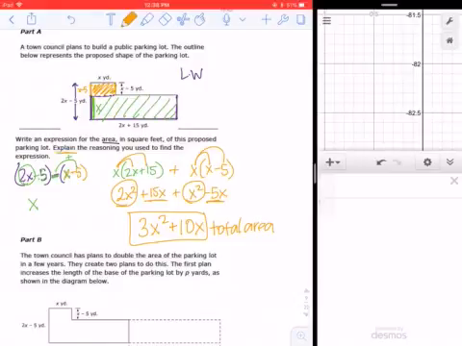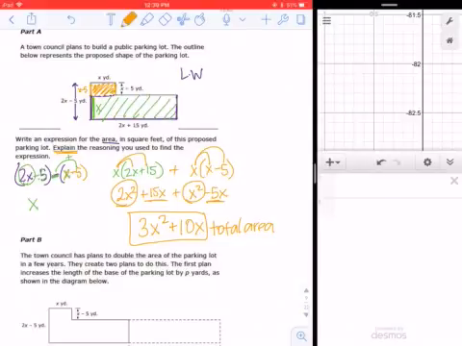It does ask me to explain the reasoning, so I want to make sure that I'm both showing my work as well as talking about my work. Essentially, for the first box, I could just call these what they are.